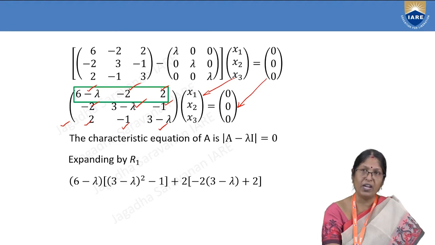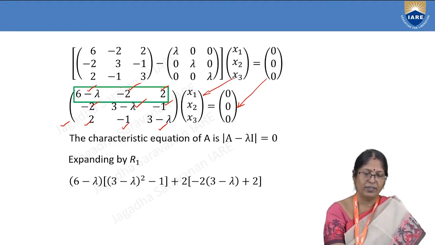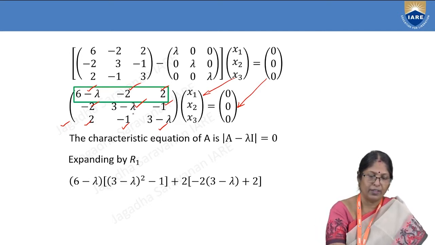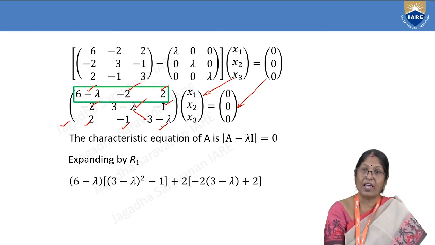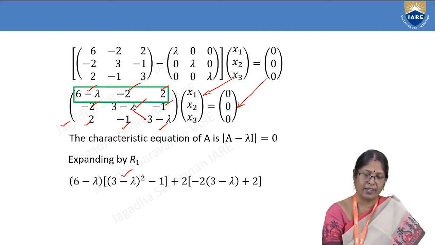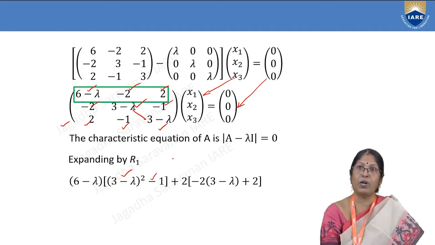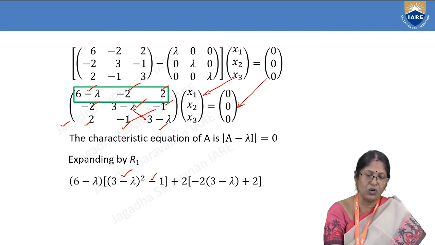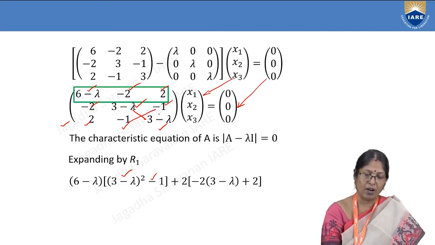Here we are doing R1, which the green rectangle represents. So the determinant: 6 minus lambda, 3 minus lambda into 3 minus lambda, that is (3 minus lambda) whole squared, minus, the formula sign, already the formula minus is there, minus 1.